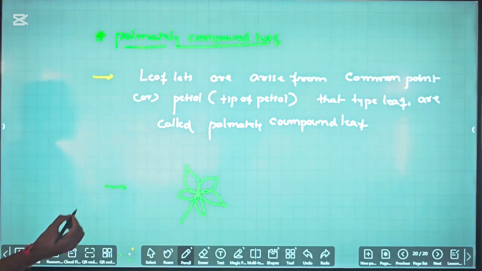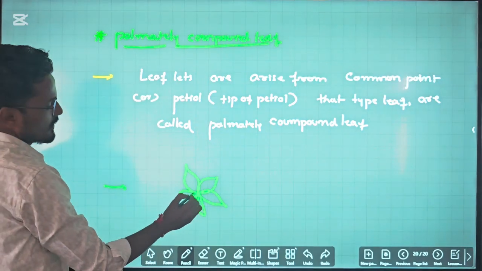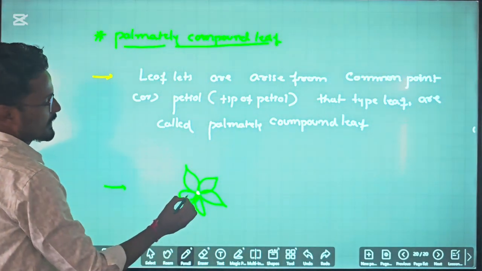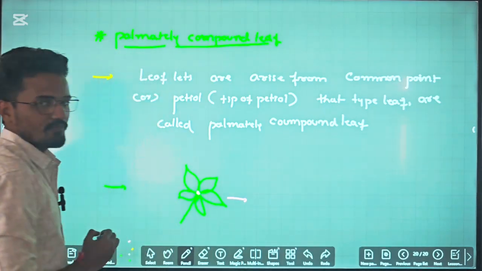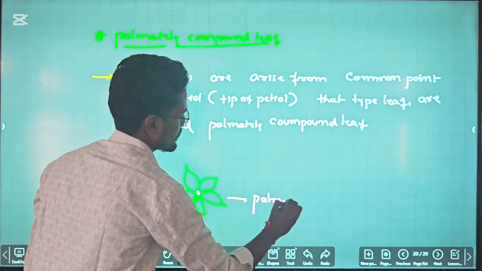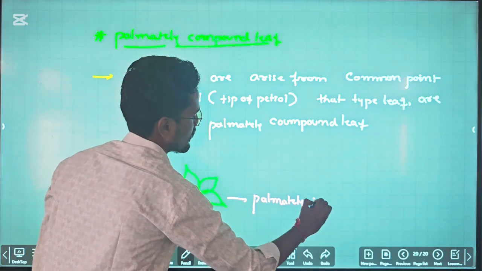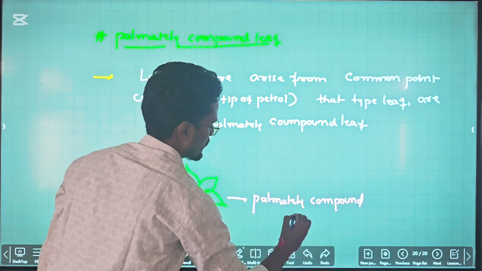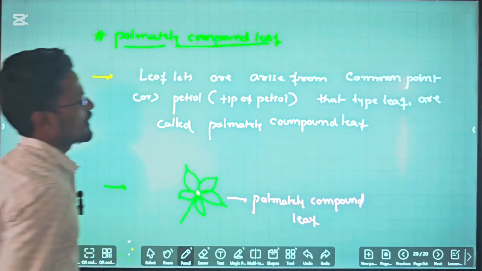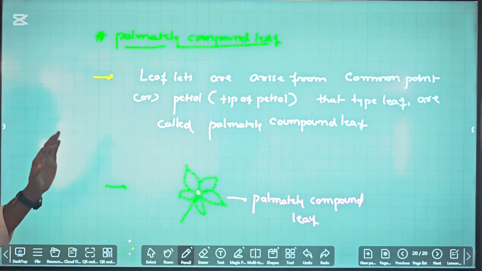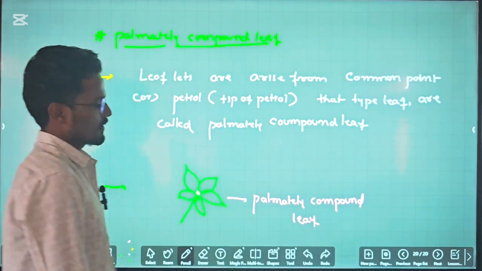This is how leaflets arise from a common point. This type of leaf is called palmately compound. As we discussed earlier, palmately compound leaves also have types, which we will see in the next slides.